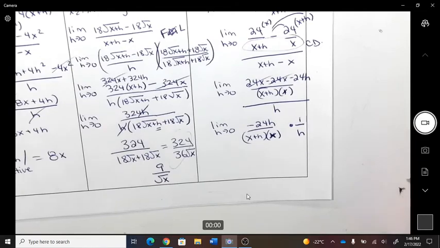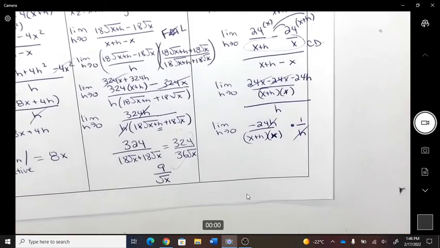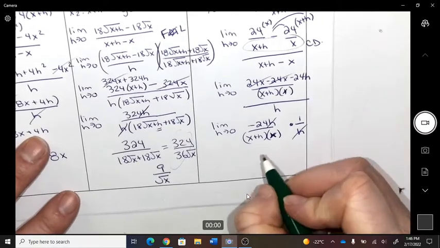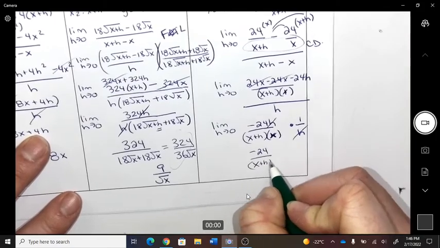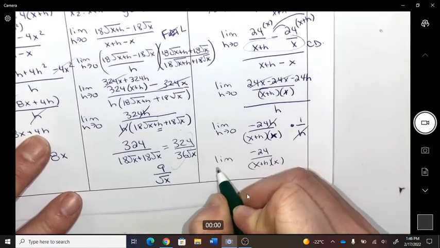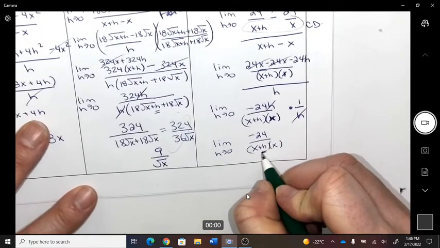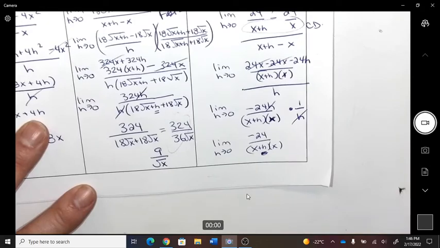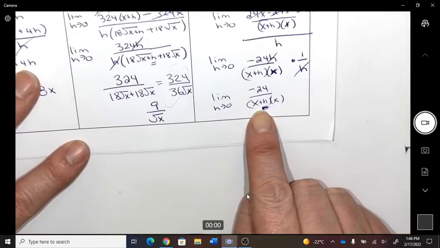Okay, that gets rid of my problem. That's what I like, get rid of that problem. So once my problem is eliminated, now I can plug in. So this is what I'm plugging into. So if this becomes 0, that's what I'm thinking about. If that h is 0, this would just be an x times an x.